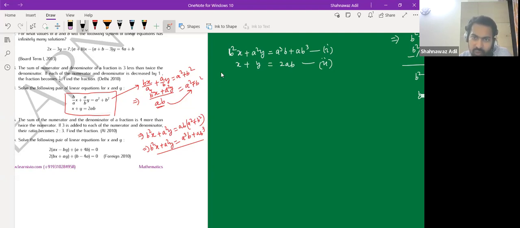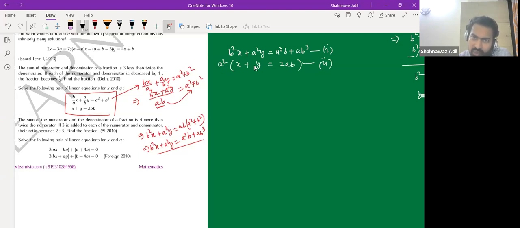y. So what should we multiply here? What should we multiply in here so that we get a square y? We multiply with a square, right? Right.